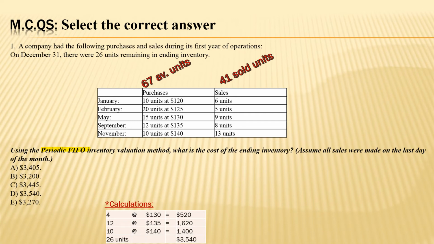So the remaining will be only 4 units in May, in the ending inventory. So 4 units at $130, as we can see here in the calculations, and 12 units at $135, as well as the 10 units at $140 per unit. I'm going to add all these costs. It will give us $3,540. So this is the cost of the ending inventory.